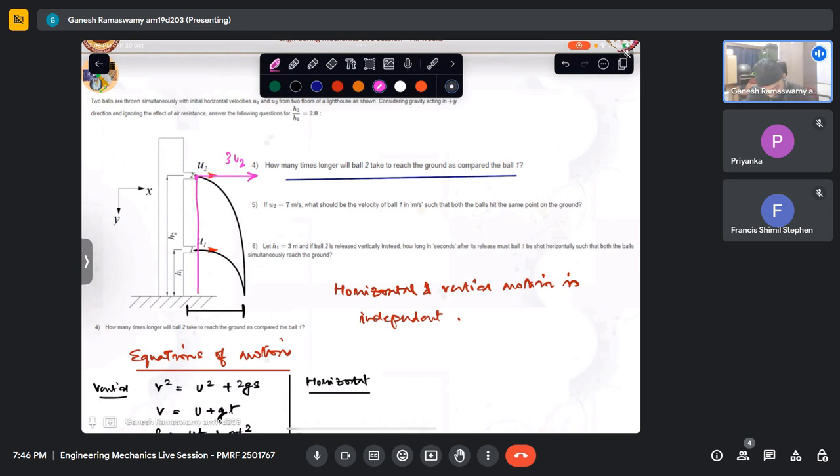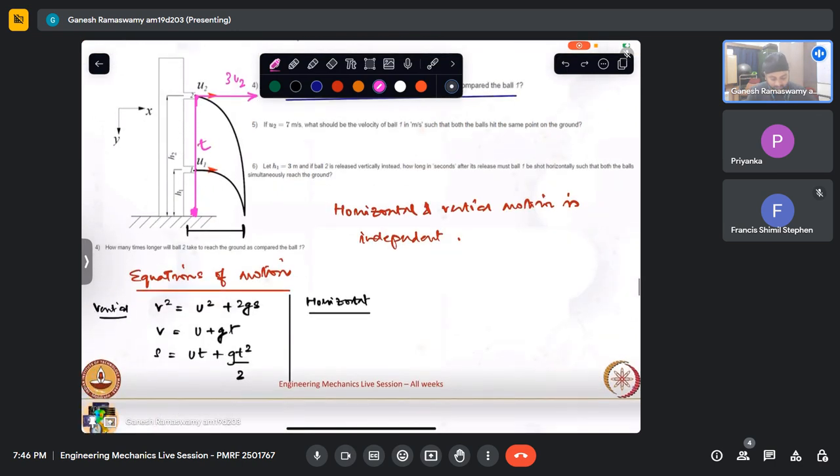So this will reach the ground at t seconds. This will also reach the ground. Only thing is, it will be reaching at a different point, but that will also take t seconds. It will take the same time, no time lag. Based on that, it can be easily equated in order to get this. So this is not much of a challenge.